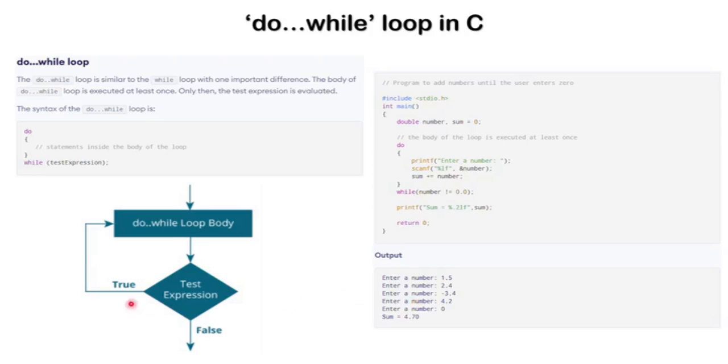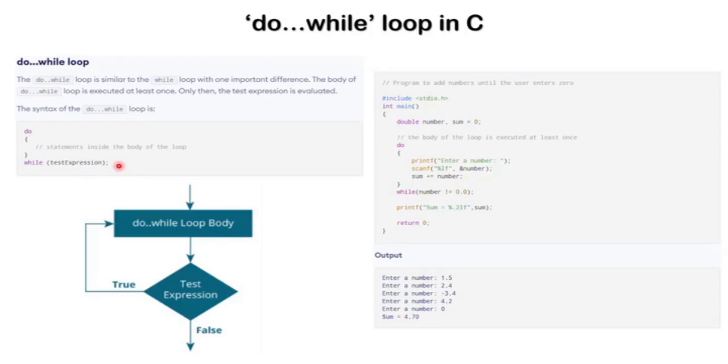This is because of the syntax: first the statement is executed and then you check the condition. The test expression, the condition, is checked after execution, so it is referred to as an exit control loop.